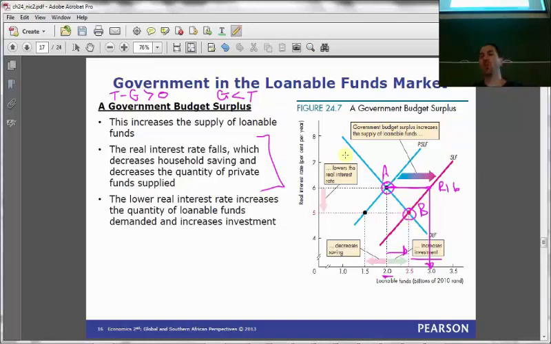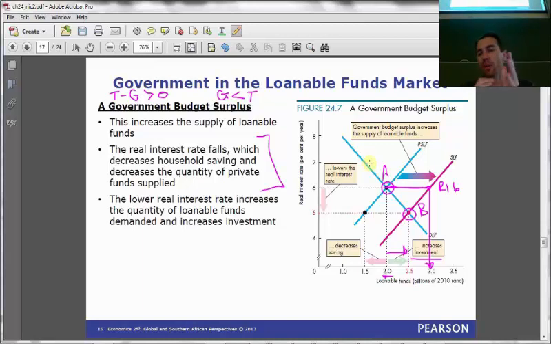Remember, what determines a movement along a demand or a supply curve? Changes in price level. If the value of the y-axis changes, we have a movement along the demand and supply curves. So that's a government budget surplus as described in this textbook.